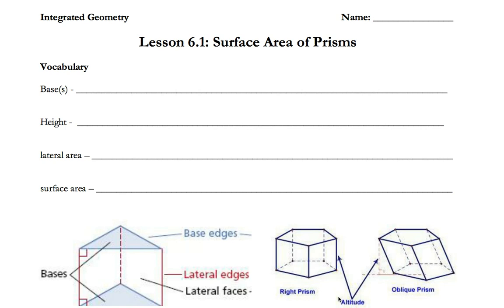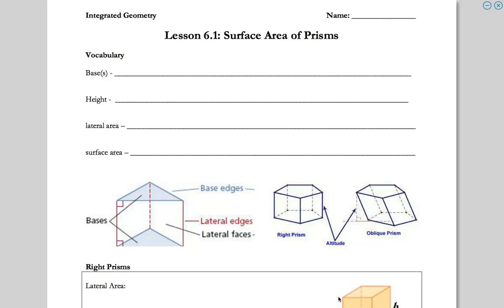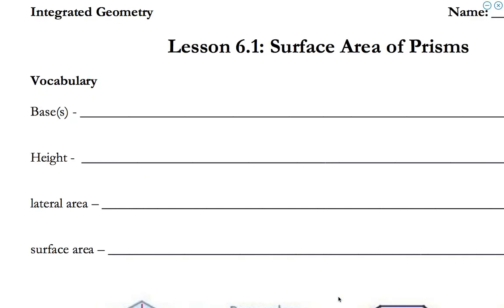All right, so we have some vocab words that we sort of already know. One of them would be the bases. The bases are, as we can remember, the congruent, parallel faces.